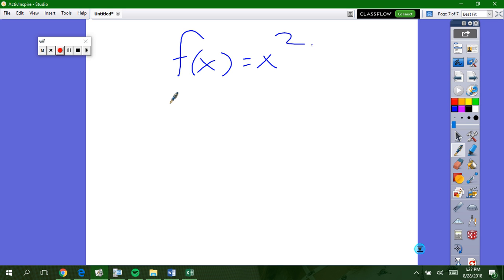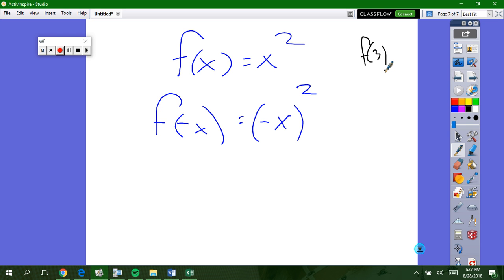I replace x with negative x. Anytime I see an x, I'm going to replace it with negative x. You agree that's the same thing as finding f of 3? I'd replace the x with a 3, which would give 9, right? Does that make sense to everyone?